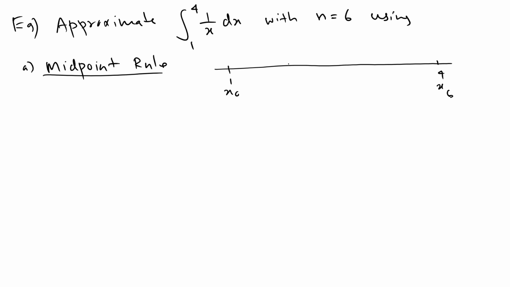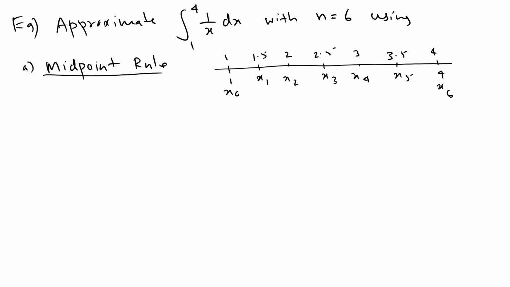So we have x1, x2, x3, x4, x5, and x6. The starting value is 1, then 2, 3, and 4. So these are 1.5, 2.5, 3.5. It's a good idea to mark them, and then we need to find the midpoints.